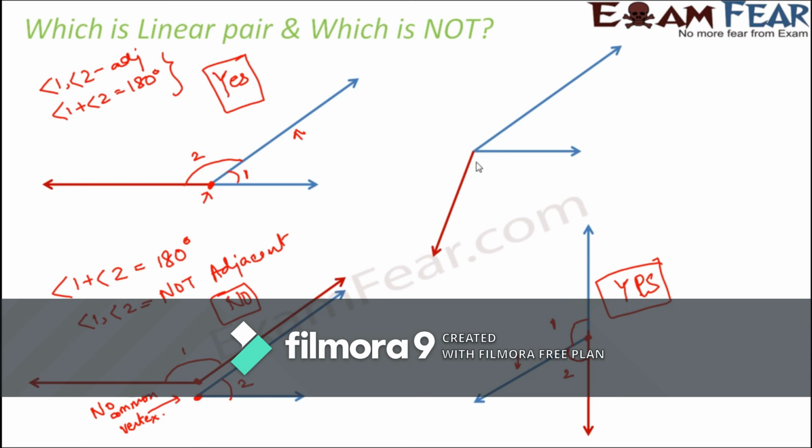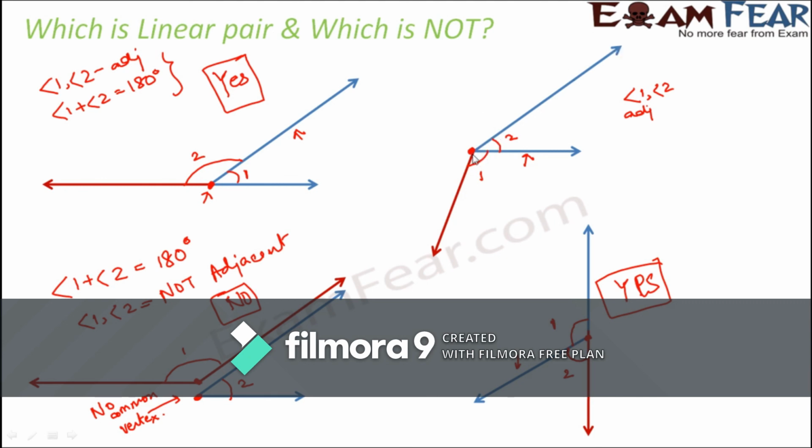So what about this one? Here you have angle 1 and angle 2. Of course these are adjacent because they have a common vertex, a common arm, and no common interior points. What about their sum? Do you think that the rays are exactly opposite to each other? This is one ray, this is another ray.